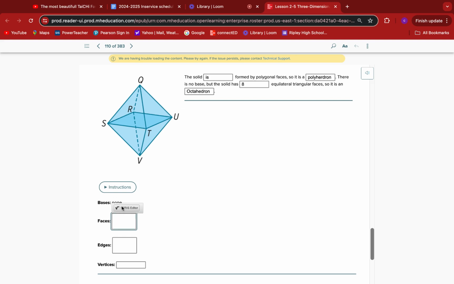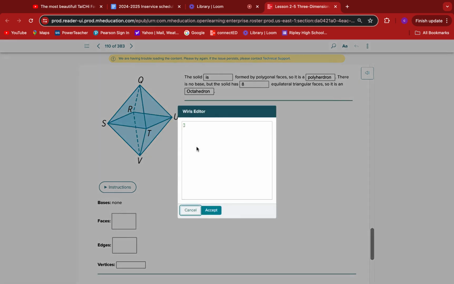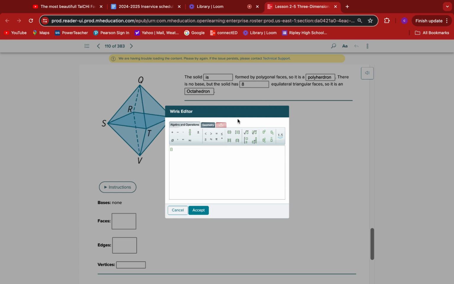So here we go. Oh, good. It's going to actually let me kind of see it at the same time. All right. So I said QTS. Come on. There we go. All right. QSR. QRU.